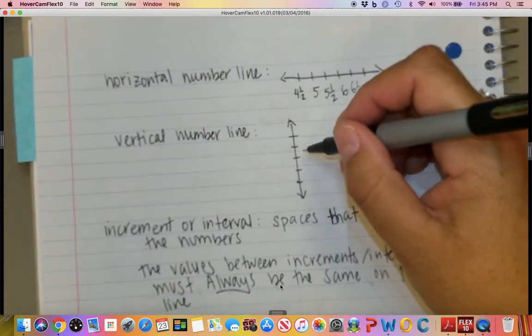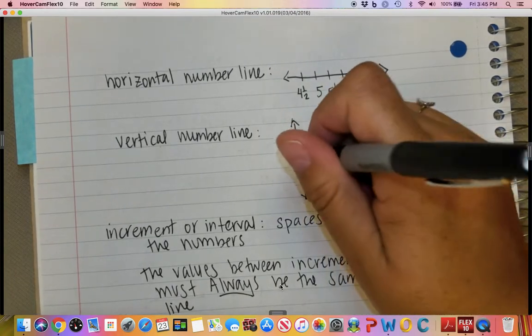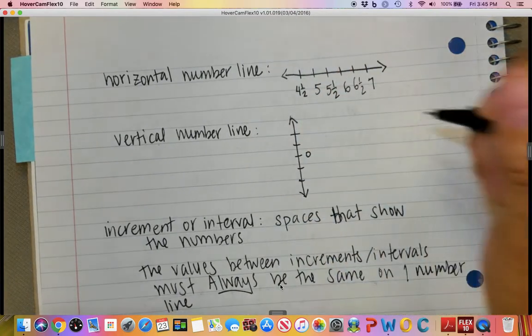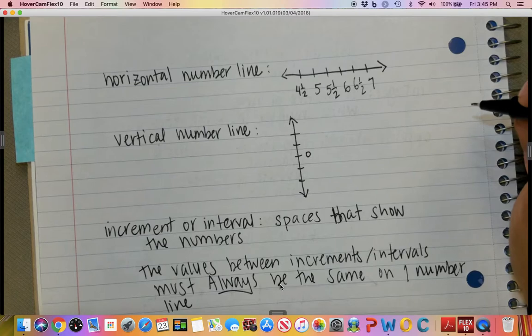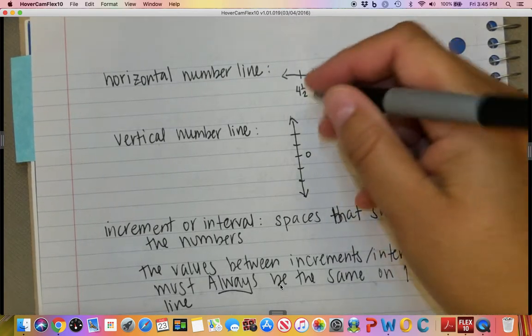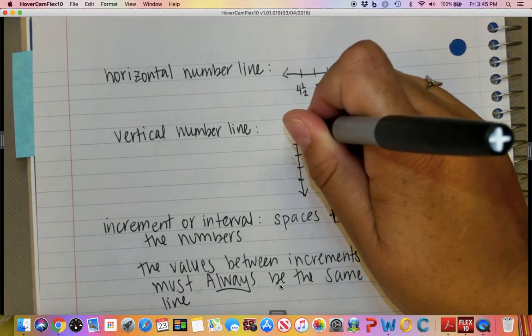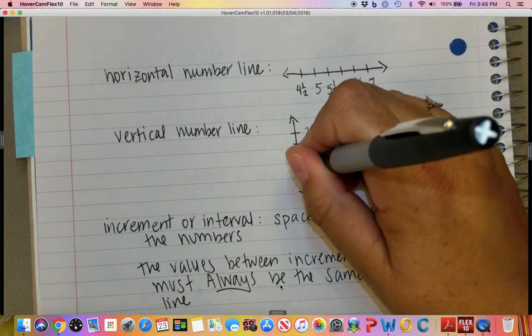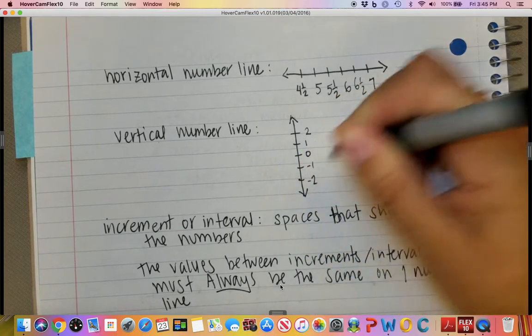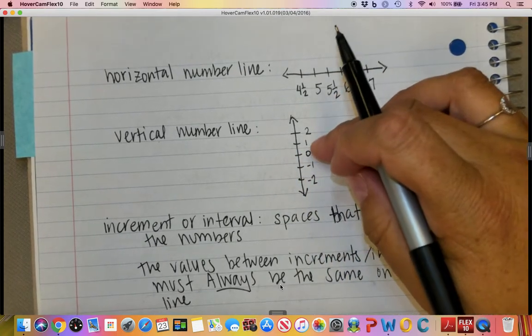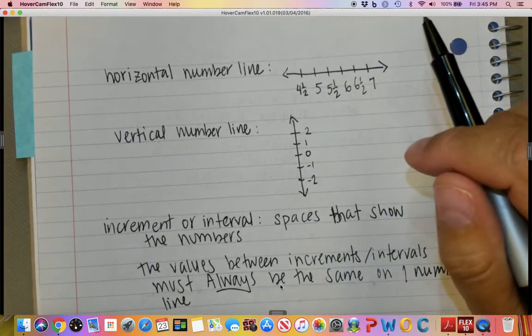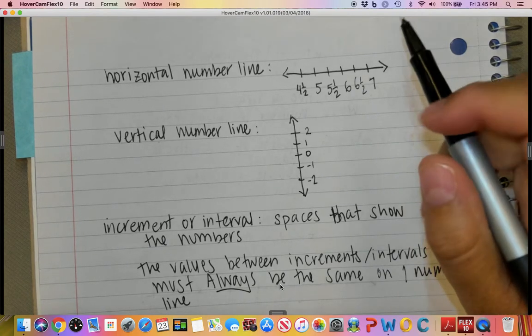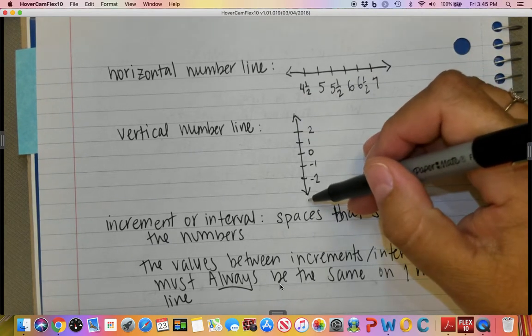On a vertical number line, the higher or larger the value of number, the closer it is to the top. So when I said positive numbers were above 0 and negative numbers were below 0, this is what I mean by above and below. We have top and we have bottom.